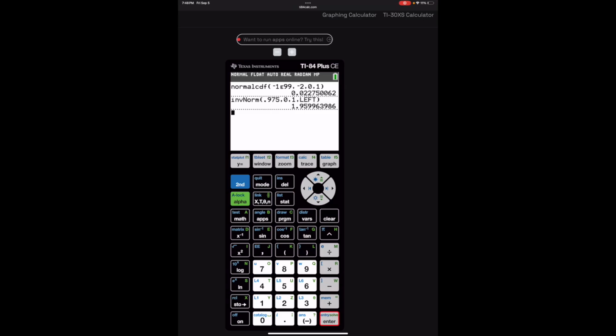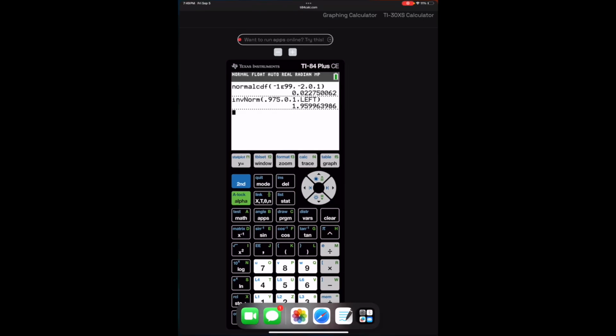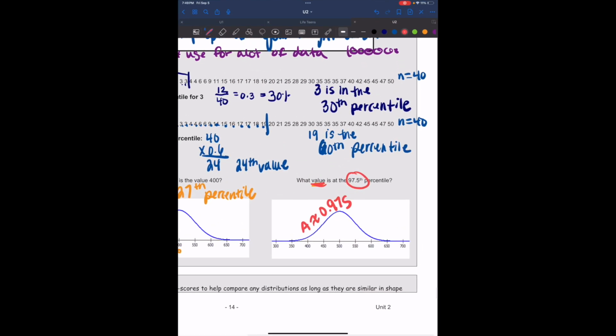If you round that, you get 1.96. So the z-score of 1.96 is about somewhere in here. I would round it up and say approximately 600 because I'm being lazy. So what value is at the 97.5th percentile? I would say approximately 600.